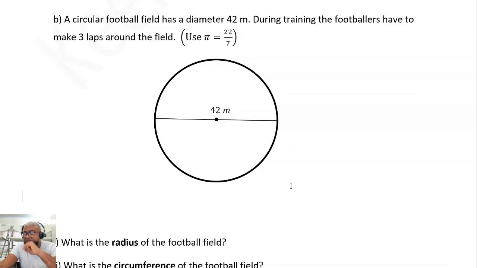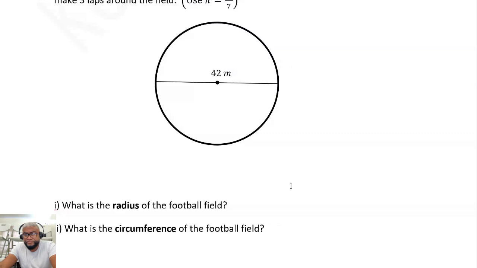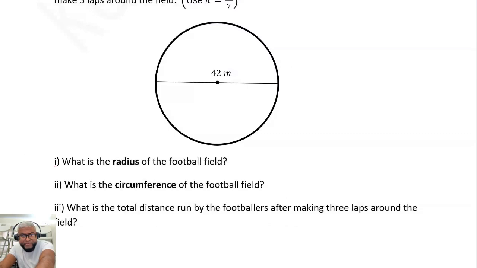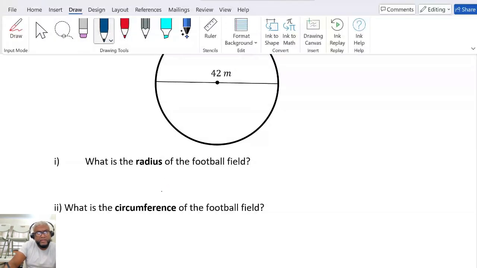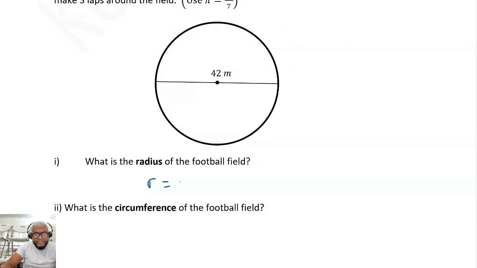Use pi to be 22/7. The first question: what is the radius of the football field? Rudra, what's the radius of this football field? The radius will be 42 meters, the diameter, divided by 2, and you will get 21 meters.